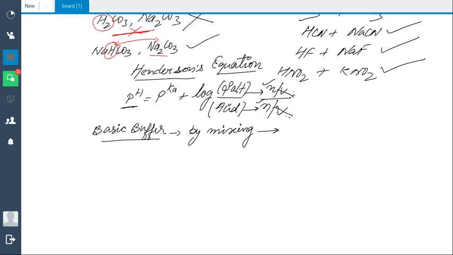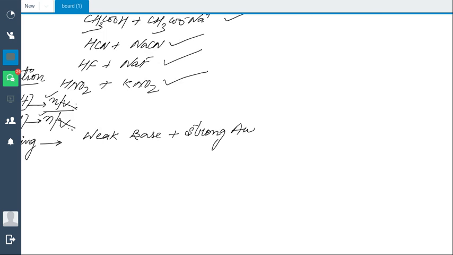Very good. Weak base plus strong acid. And the strong acid should be in a small quantity. This should be the limiting reagent, right? Great.